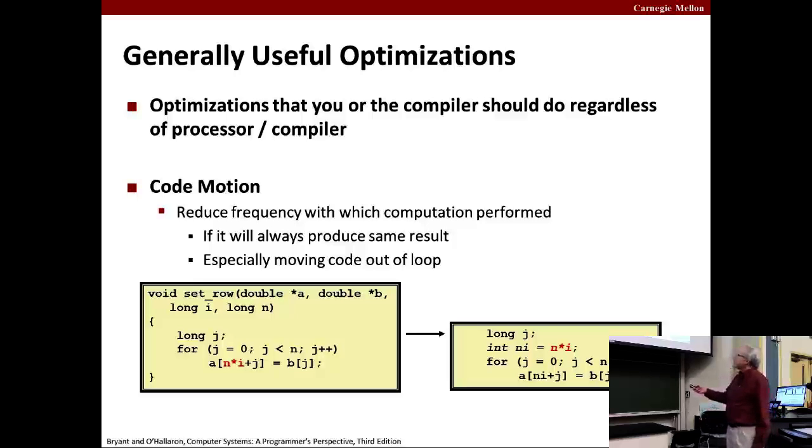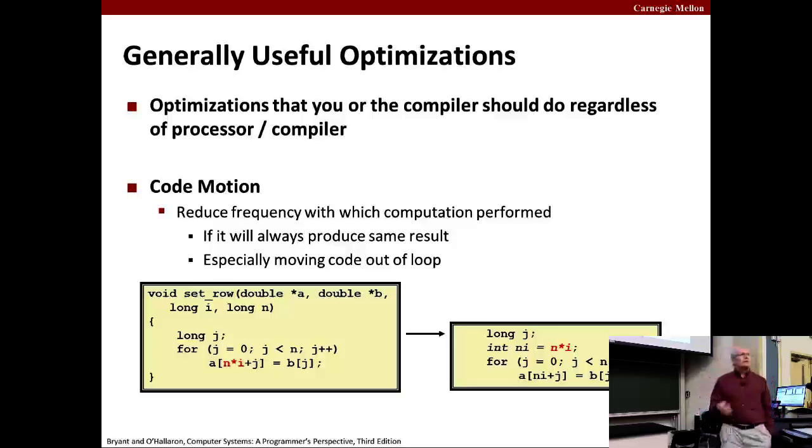And the main observation is that within this loop, the only variable that's changing is j. So this computation n times i, if it gets repeated over and over again within this loop, is wasted effort. So you can do what's called code motion, which is to pre-compute the value of n times i outside of the loop, and then use it over and over again inside.